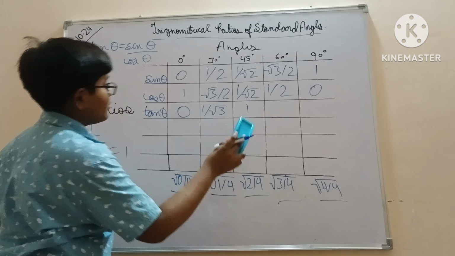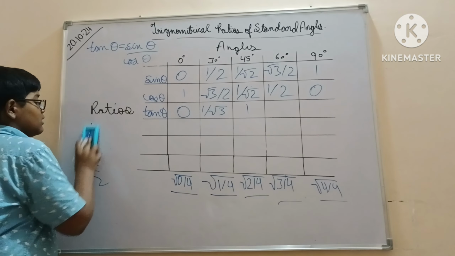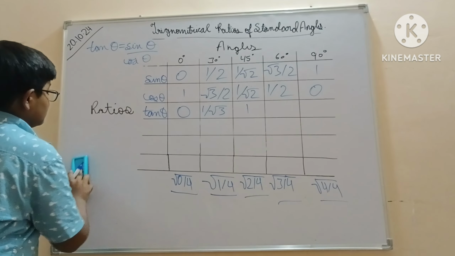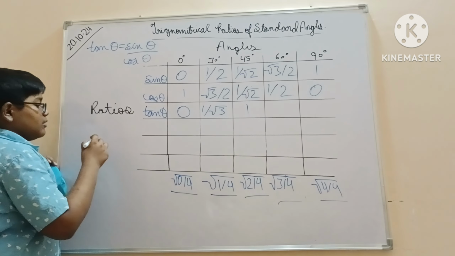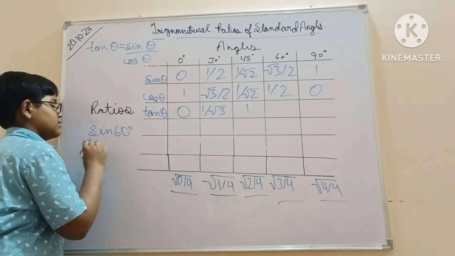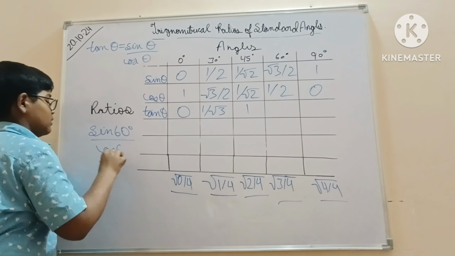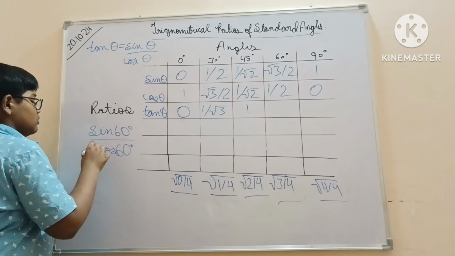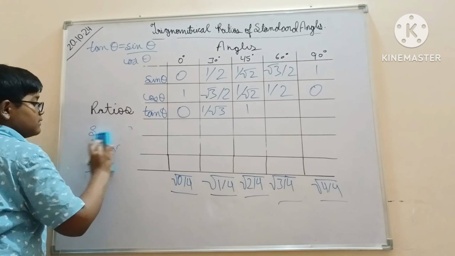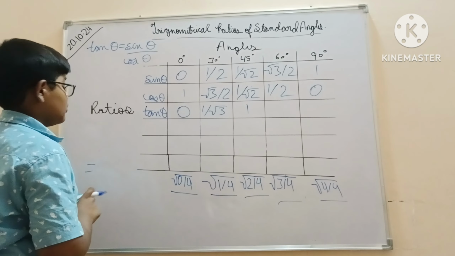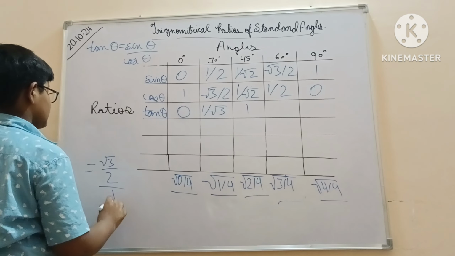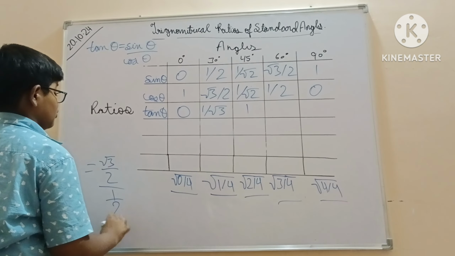Now we will find tan 60 degree by dividing sin 60 degree by cos 60 degree. Sin 60 degree value is root 3 divided by 2 and cos 60 degree value is 1 divided by 2.